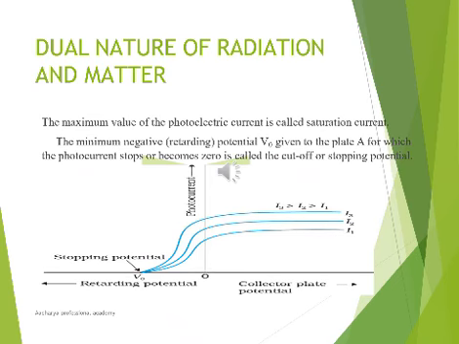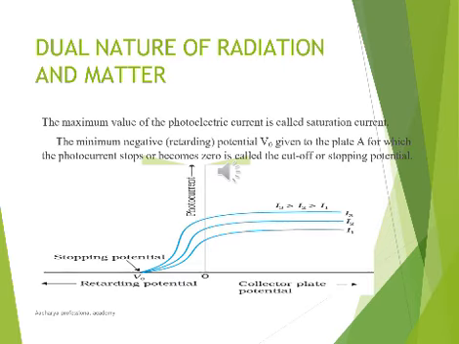So what is the saturation current? The maximum value of the photoelectric current is called saturation current. What is the stopping potential? The minimum negative potential, that is, the retarding potential at which the photocurrent becomes zero is called stopping potential or cutoff potential.